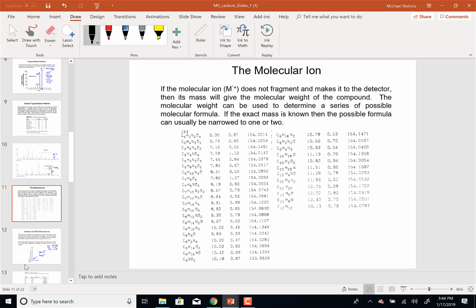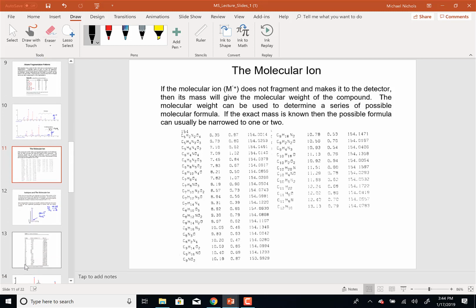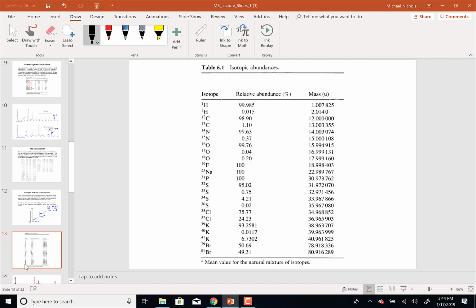But actually, this idea of the isotopes, you can do a lot of things with this. We talk about making alkyl chlorides, alkyl bromides, alkyl iodides in class.